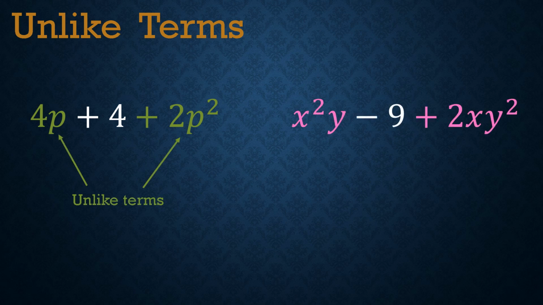Also in this example, x squared y minus 9 plus 2xy squared. Our x variables are not raised to the same power, and our y variables are not raised to the same power. Therefore, these are considered to be unlike terms, and in unlike terms, we cannot add them or subtract them.